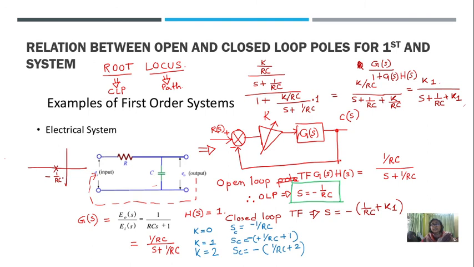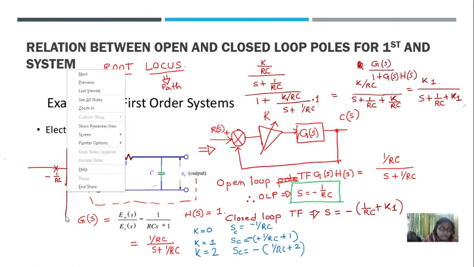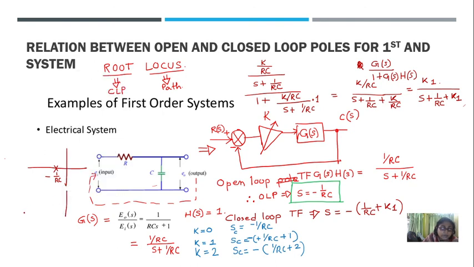If I take R and C equal to 1, whatever be the value, when we add this K1 value with 1/RC, the position of the pole is changing.